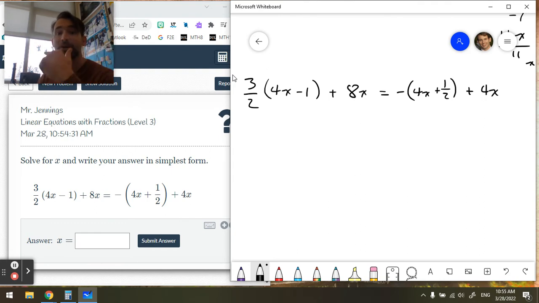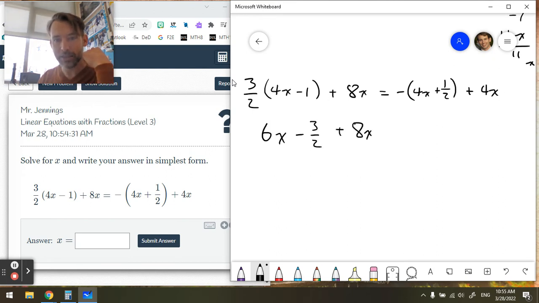Do it in BEDMAS order. So first do your distributions. 3 over 2 times 4 gives me 12 over 2, which is another way of saying 6. 6x minus 3 over 2 plus 8x equals negative 4x minus 1 over 2 plus 4x. Well, that's convenient. Plus 4x minus 4x is 0.